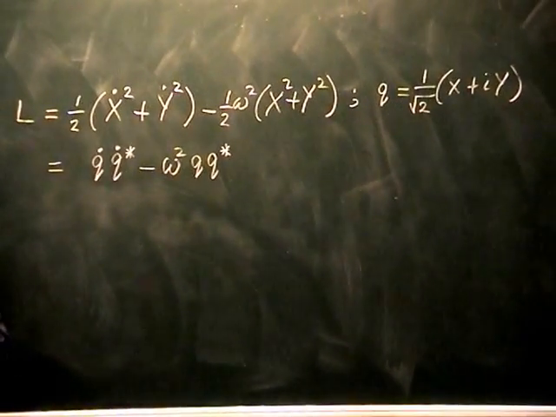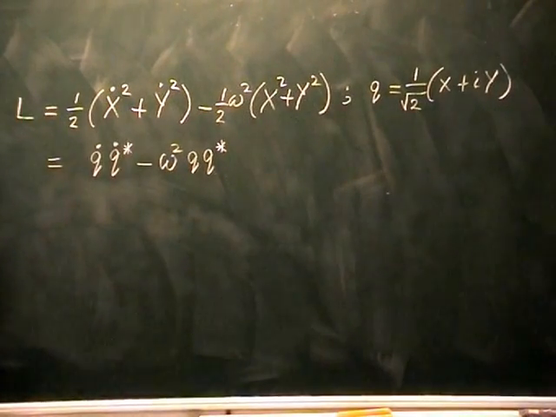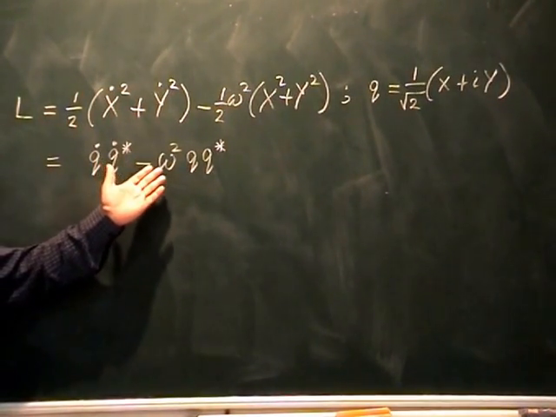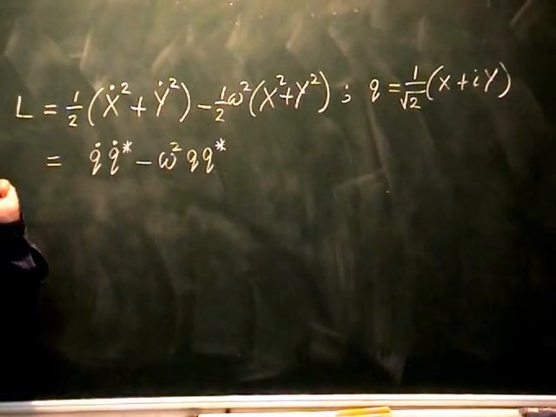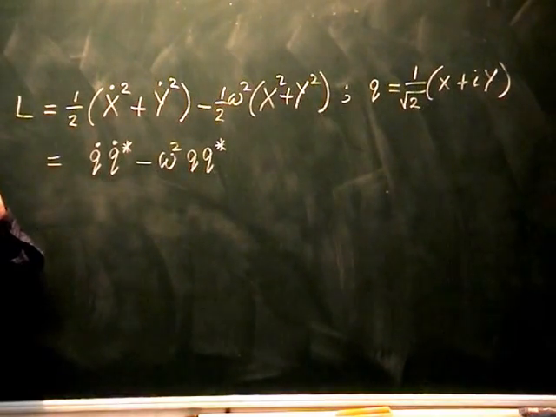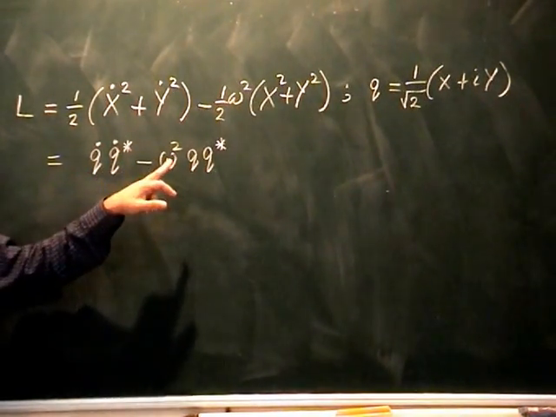But there are some subtle differences. For example, if you look at the canonical momenta, suppose I want to get the equations of motion from it. If you want to get the canonical momenta for q, I will calculate dL by d q dot. You won't get q dot, you will get q dot star. So the canonical momenta come with a star.